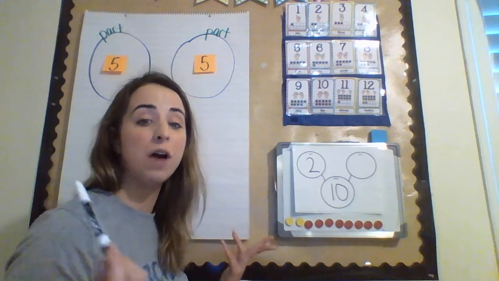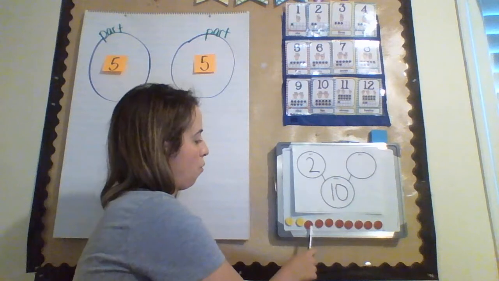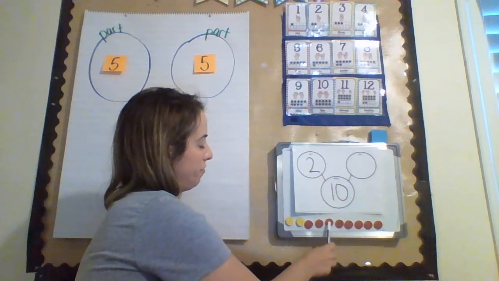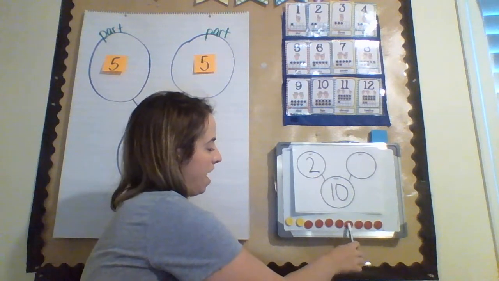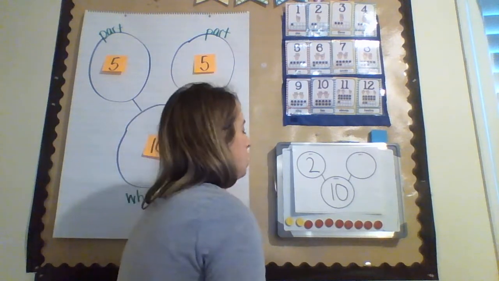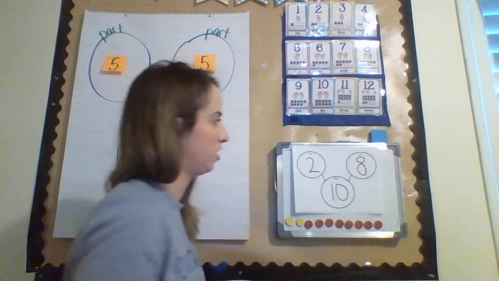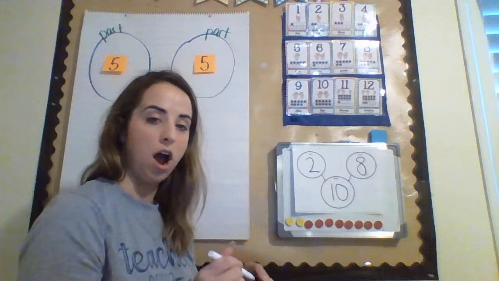Now I'm going to count how many red I have left, so I'll know my other part. 1, 2, 3, 4, 5, 6, 7, 8. So we will write the number 8. Okay, well, that's a good 8. I'm impressed with myself. All right.